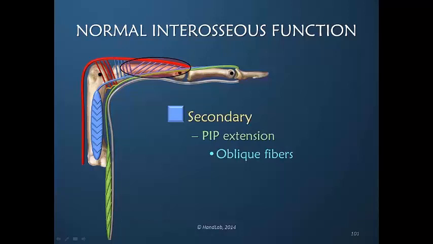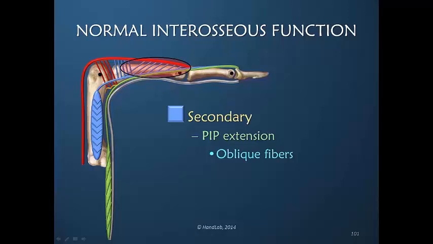The oblique fibers certainly are receiving some power from the interosseous muscles as well, and certainly the interosseous muscles are assisting in interphalangeal joint extension. But it would be very difficult for there to be equal power distributed to the transverse fibers and the oblique fibers simultaneously. And it's my belief that the transverse fibers are getting the core of the power, with only secondary power being delivered more distally.